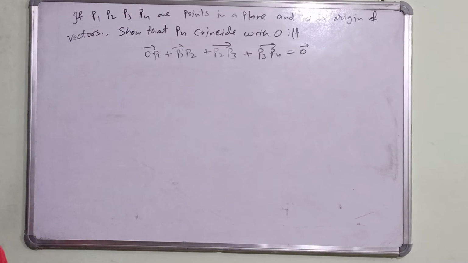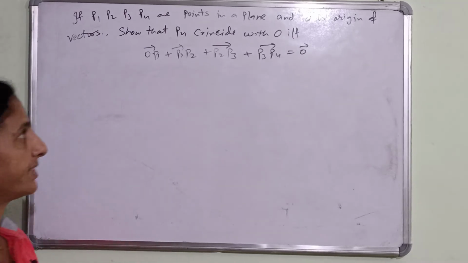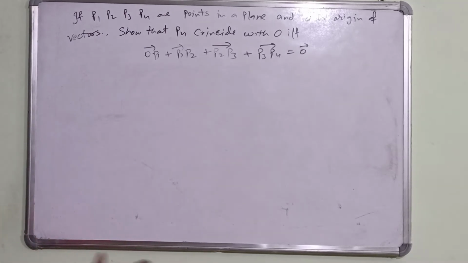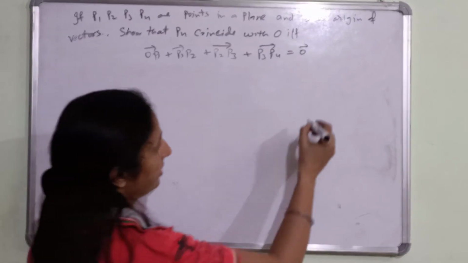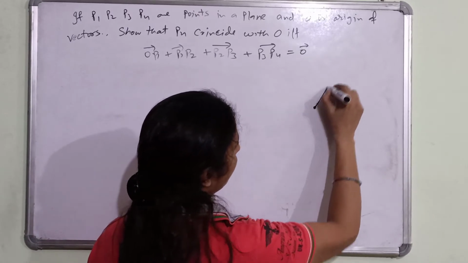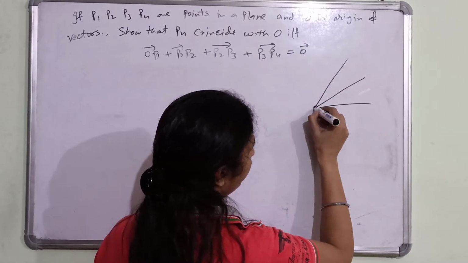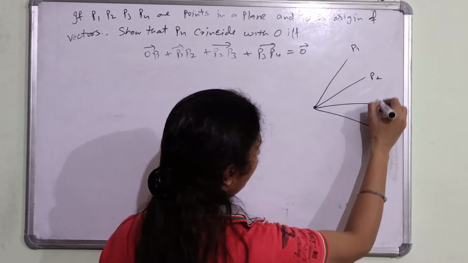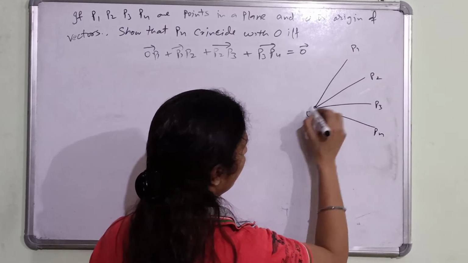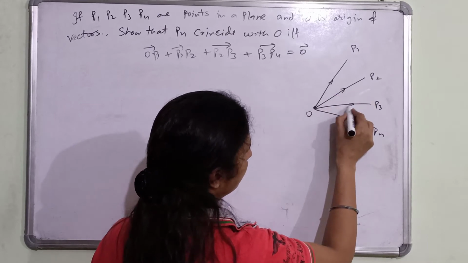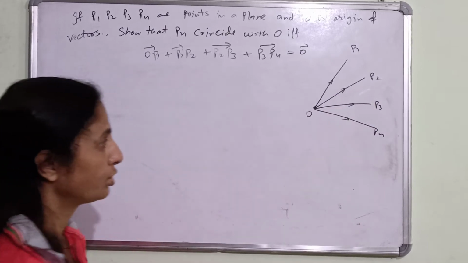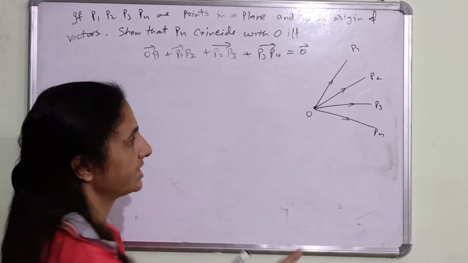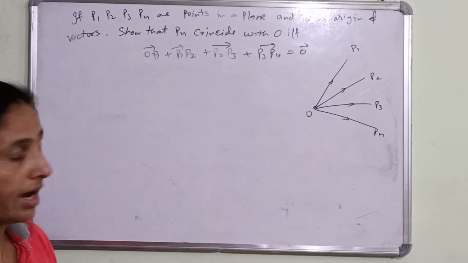So this is what we have given: OP1 vector plus P1P2 vector plus P2P3 vector plus P3P4 vector is equal to 0. We have to prove that P4 coincides with O, right? Means we have these vectors in this way. It's P1, P2, P3, P4. This is OP1, OP2, right? So we have to show that P4 coincides with O.